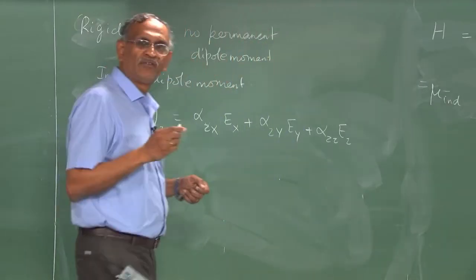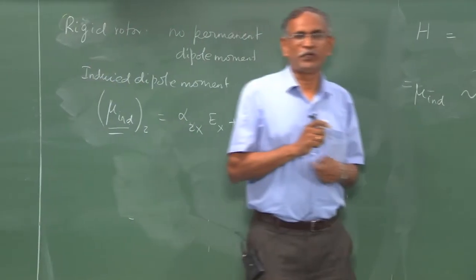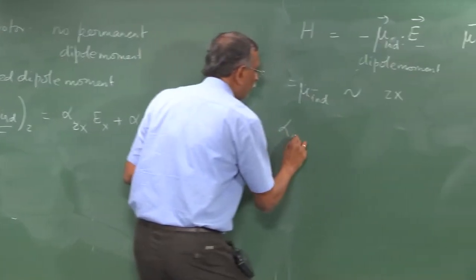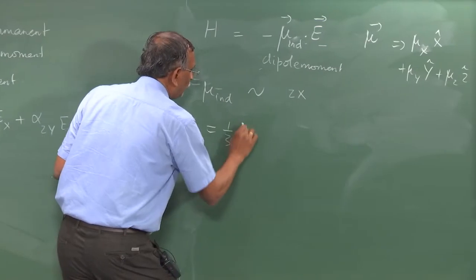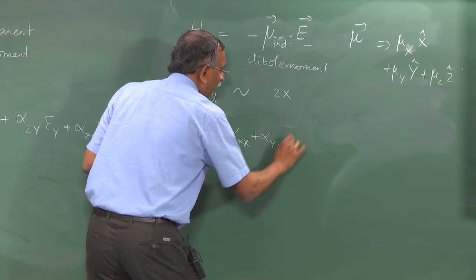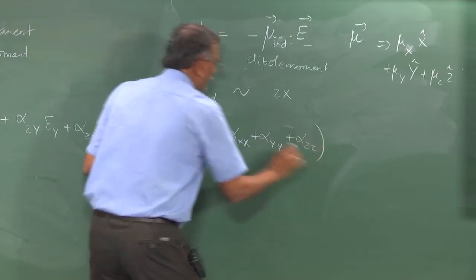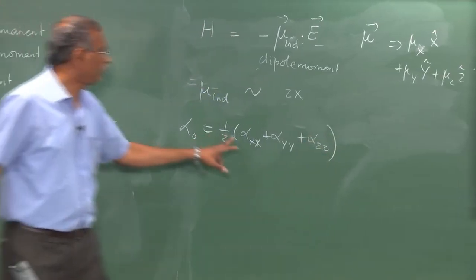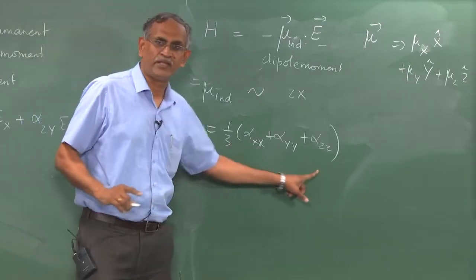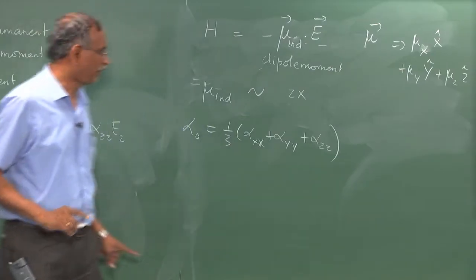Also there is an invariant component alpha 0, and alpha 0 is usually defined as 1/3 of alpha xx plus alpha yy plus alpha zz, and I told you that this quantity does not change between different coordinate systems, and therefore this is called the scalar of the polarizability.